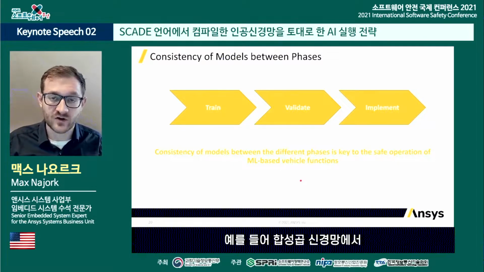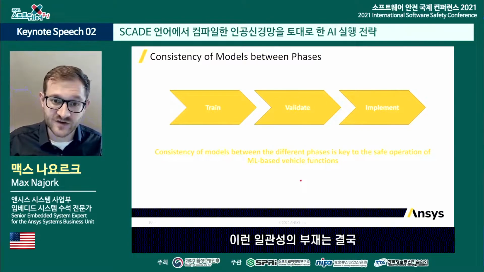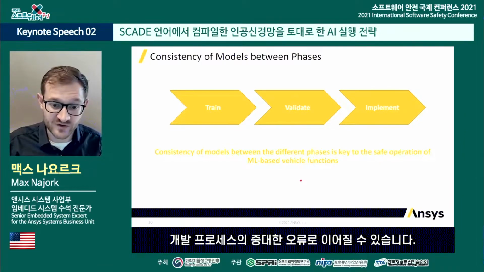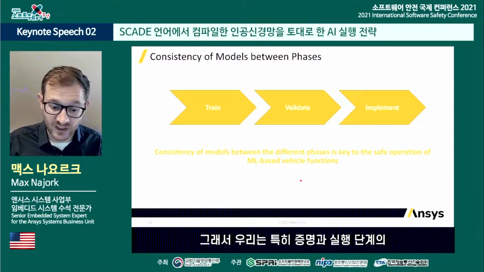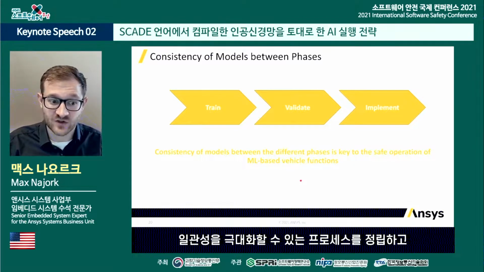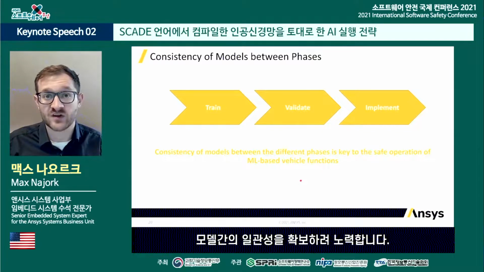An example, for convolutional neural networks, the padding may be a bit different from one framework to another. Certainly, these inconsistencies could possibly introduce some great harm to our development process. And that's really why we want to establish a process that maximizes the consistency, and especially between the validation and the implementation phase, ensures the consistency of the models.